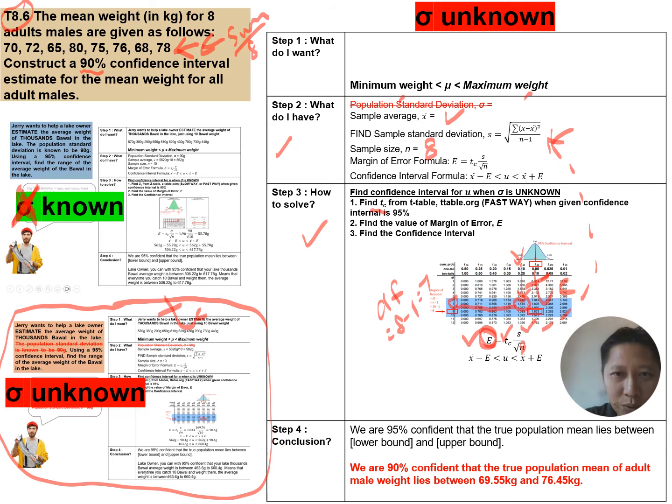After that, we're going to replace our sample average here. Finally, we will have both numbers, the range, and the true population mean will lie between these two numbers.